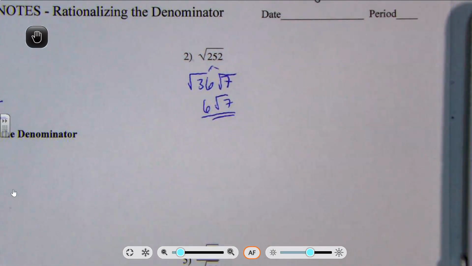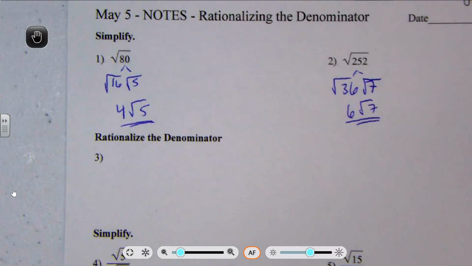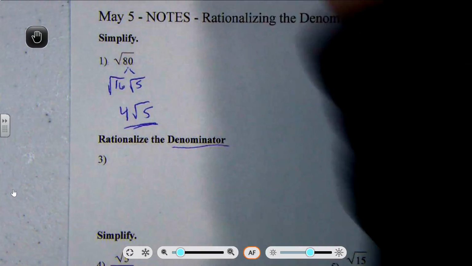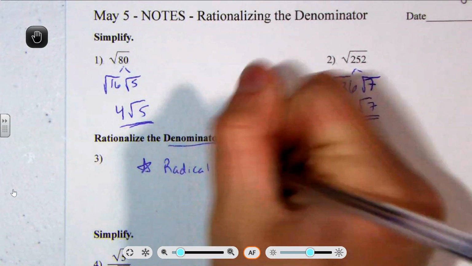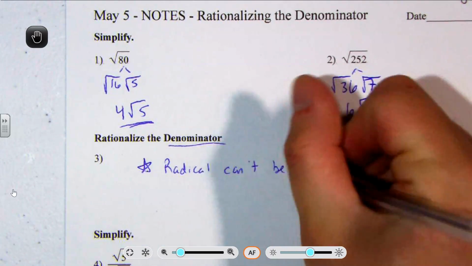Everything that we did last week, our radical was only in the numerator. Now we're going to start having a radical in the denominator. One huge rule is we can never have a radical in the denominator.